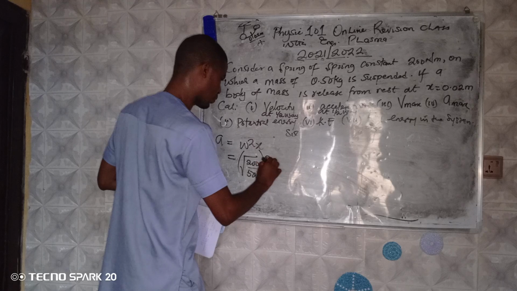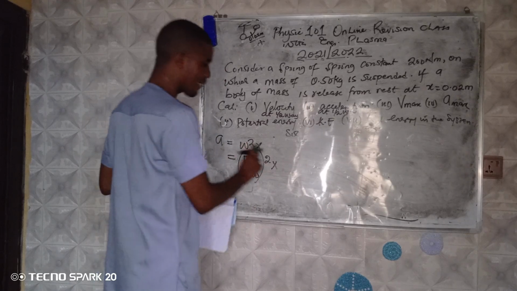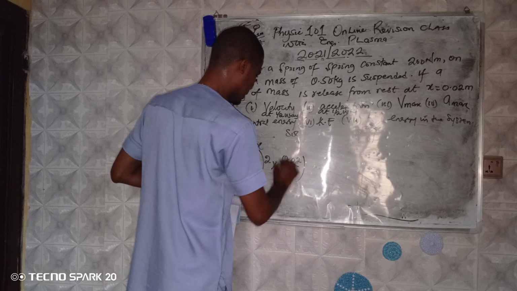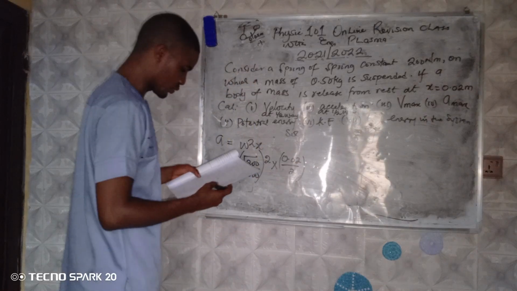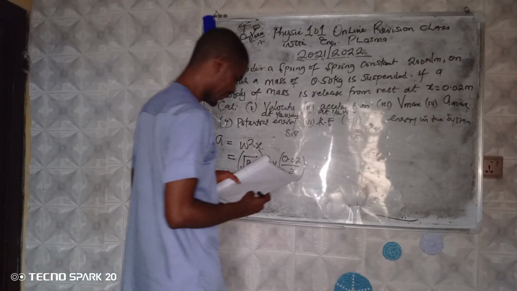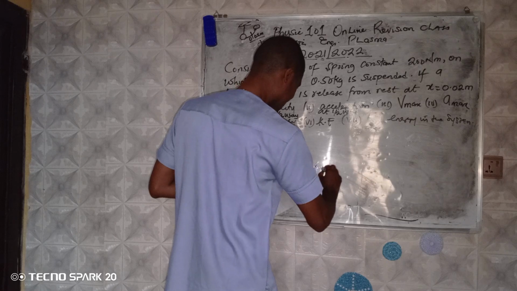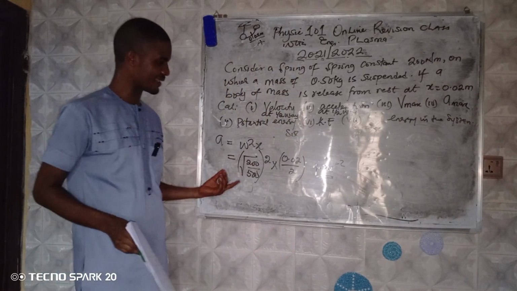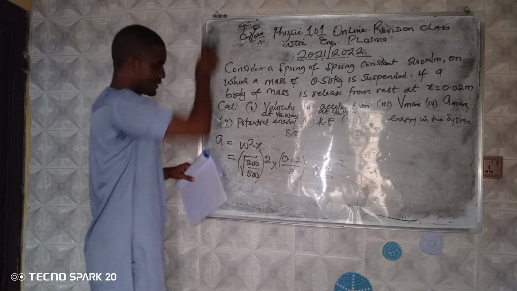So all this will be squared times X halfway, 0.02 over 2. By the time you multiply these two together, you are going to have 4 meter per second squared. That is the acceleration of that system.